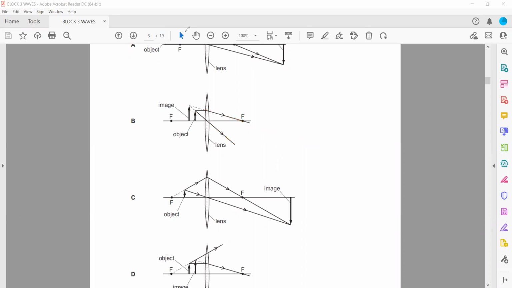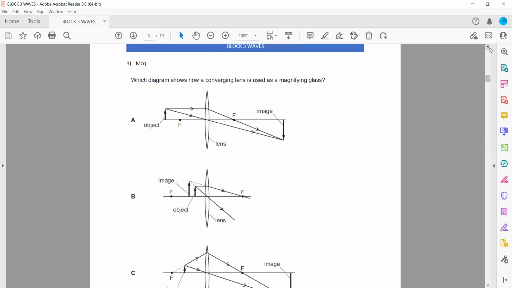Why is A incorrect? The diagram is correct, but in the question, as you can see, it says a magnifying glass. The image formed by a convex lens as a magnifying glass is always a virtual image. So the nature of the image should be virtual. Here the diagram is correct, but what it represents is a real image.